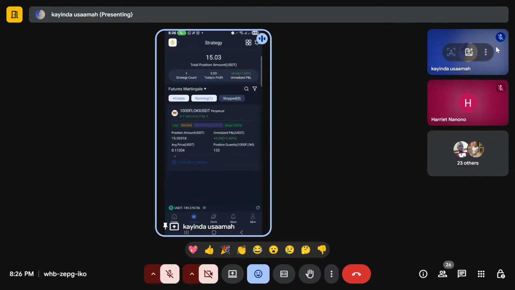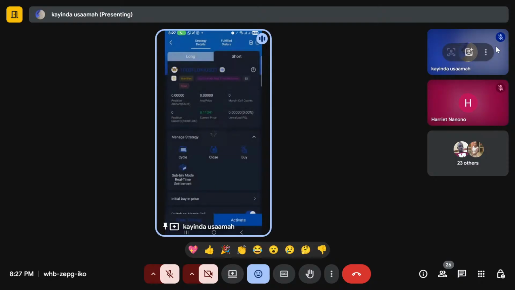Then here, they give you an option to put another trade, same coin. Remember, we said that in futures, you have a chance to trade both sides. For example, this is for study purposes.